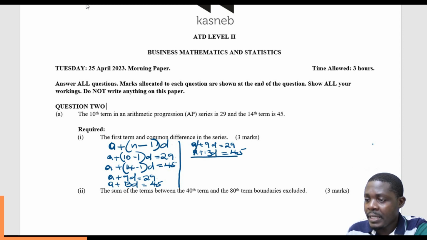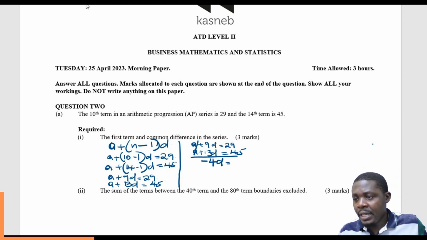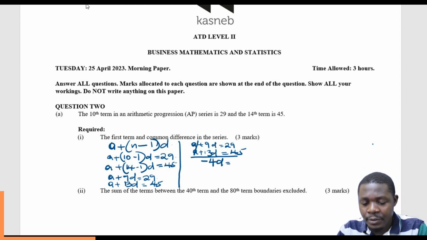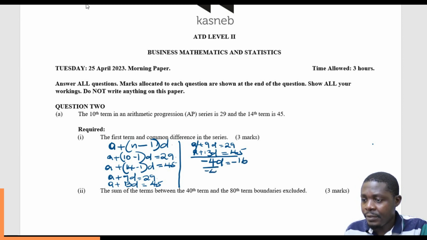By subtracting, 9 minus 13, you get negative 4d, equal to 29 minus 45, which is negative 16. Divide by negative 4, and d is equal to 4.